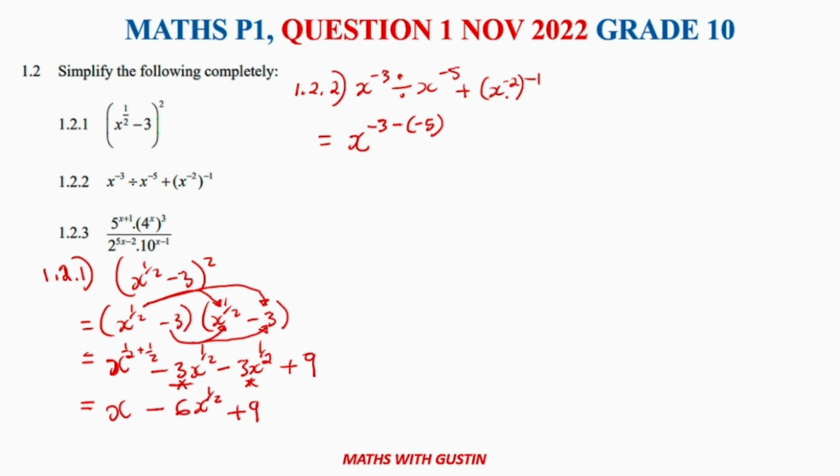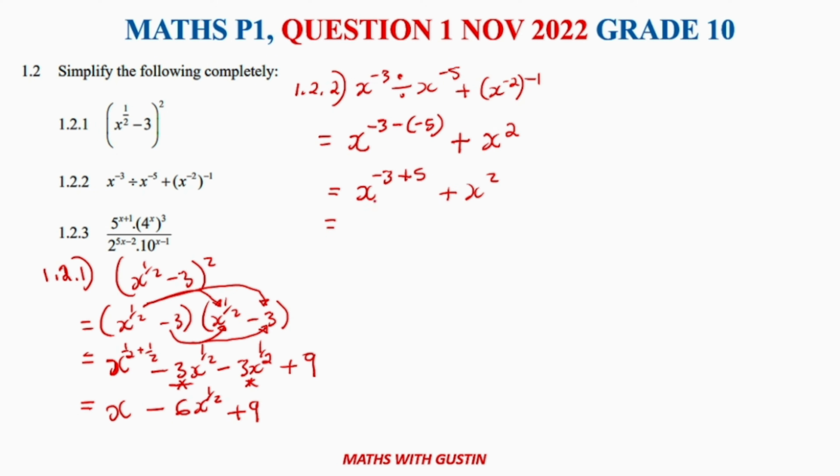Therefore x is going to be x, and then negative 2 times negative 1 is going to give us positive 2. Right here, negative 3 minus negative 5, minus times negative is plus, so it's 5, plus x to the power of 2.